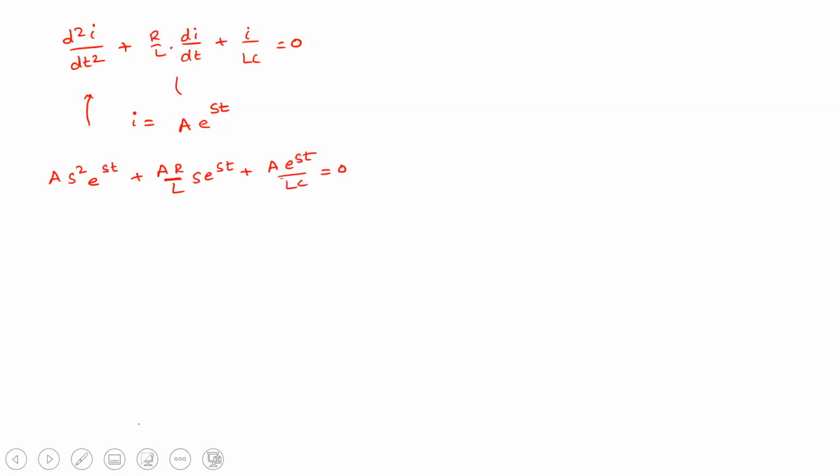Just correct me if I'm wrong. Is this correct? Yes, sir. So if you separate the a into e to the power of st term, what are you left with? s square plus R by L into s plus 1 by LC equal to 0. I hope this is correct.